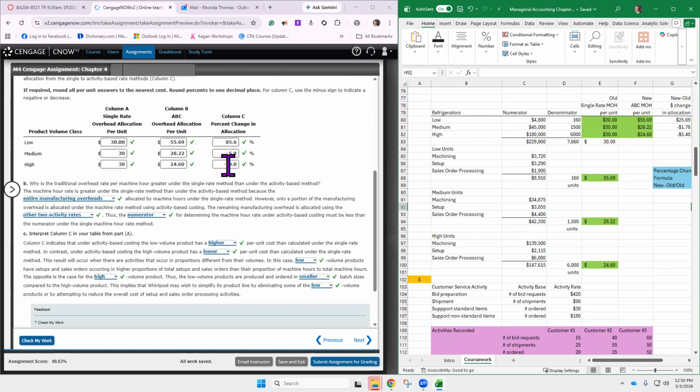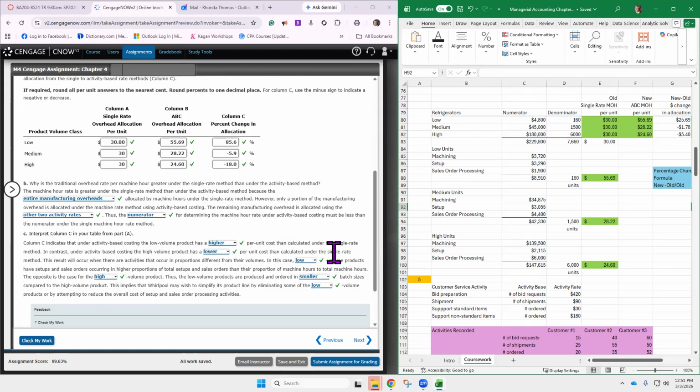So here is column C. Column C indicates that under activity-based costing, the low volume product has a higher per unit cost than calculated under the single rate method. Yeah, because there's only 160 of them. In contrast, under activity-based costing, the high volume product has a lower per unit cost than calculated under the single rate method.